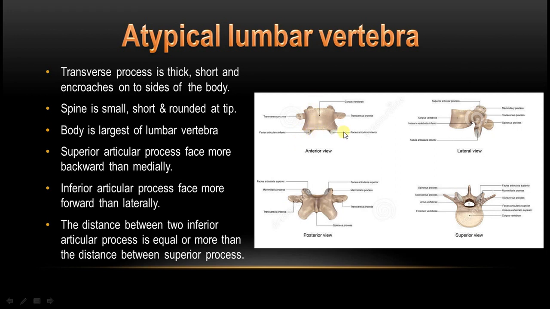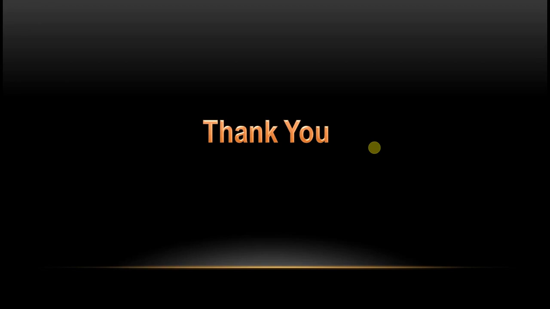So in the atypical lumbar vertebra, it is the largest of all the lumbar vertebrae, the spine has a rounded tip, not a pointed tip, that is the main one. Then the transverse process encroaches onto the body, and the distance between the inferior articular facets is equal or more than the distance between the superior articular facets. So that is in short about the lumbar vertebra.